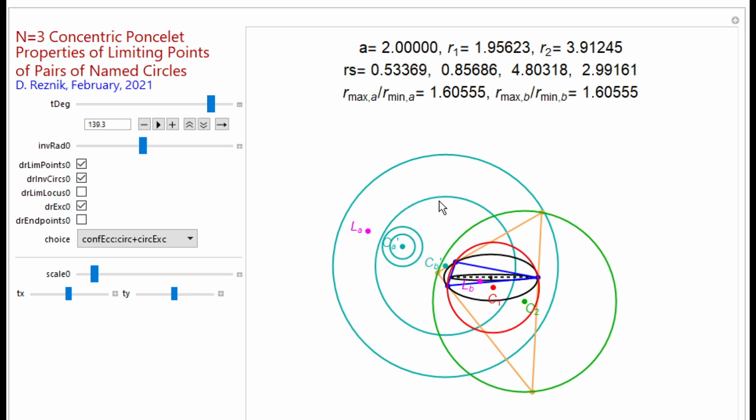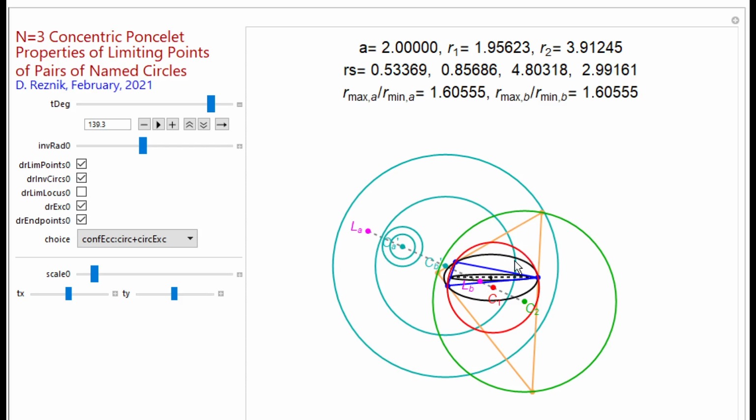Now you can see a second pair of aquamarine circles centered on CB prime, the result of the inversion of red and green with respect to the second limiting point. I can draw a line through these six points, because they are all collinear. LA and LB are the limiting points of the red and green pair.